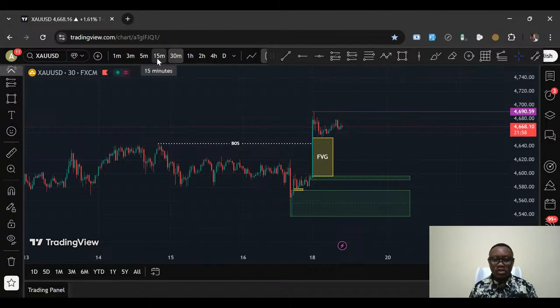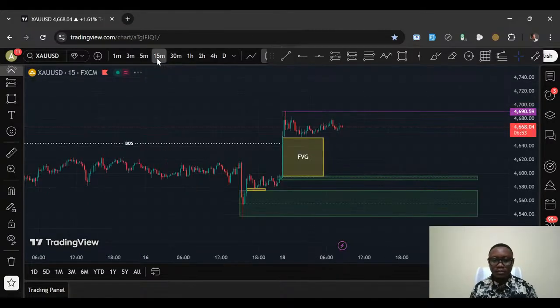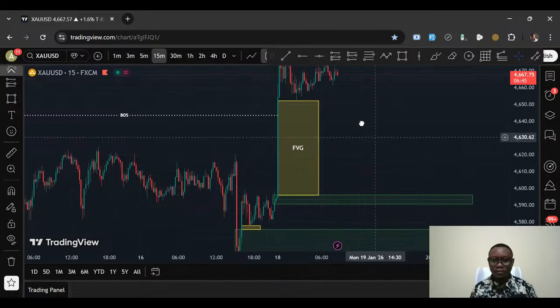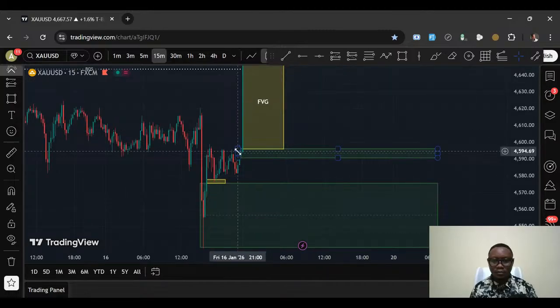So let's drill down further to the 15-minute time frame. On the 15-minute time frame, we have, okay, so let's just refine this.